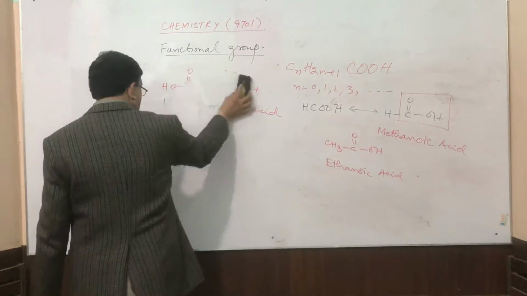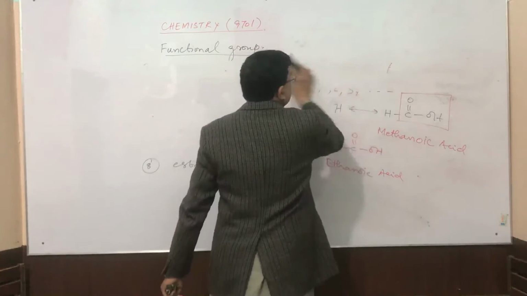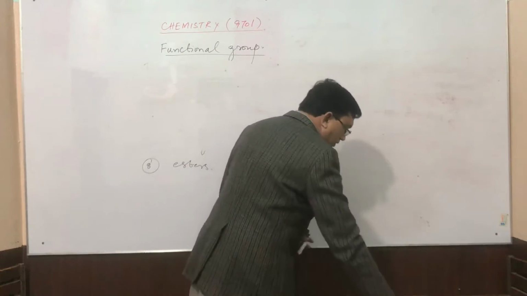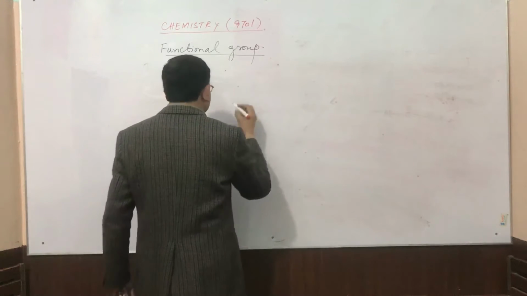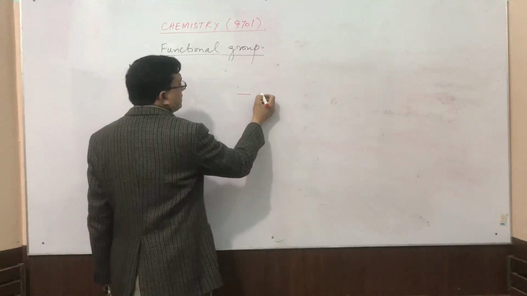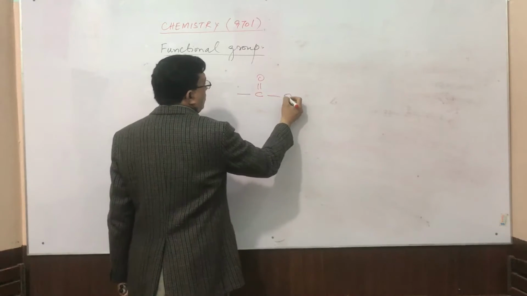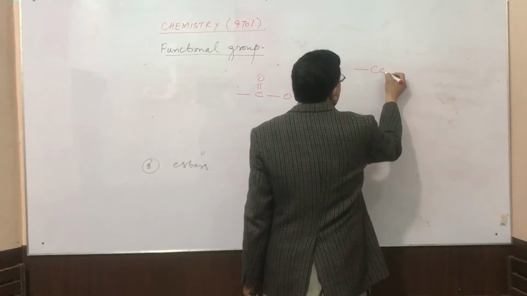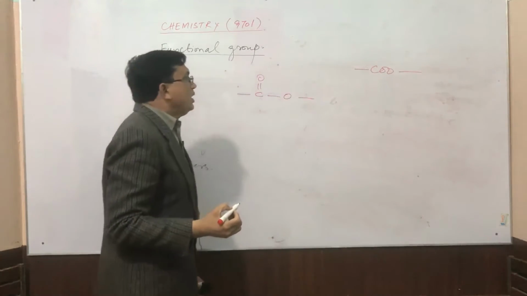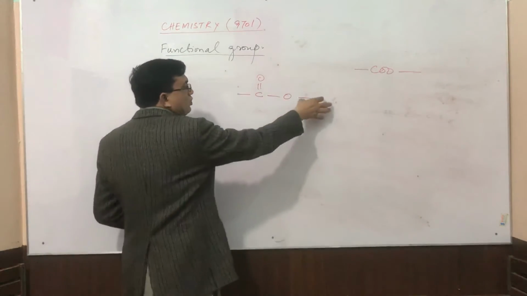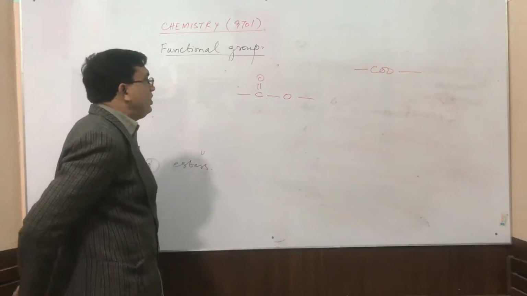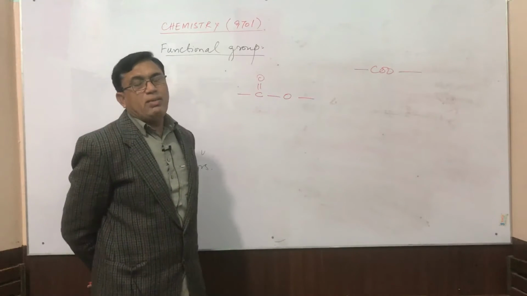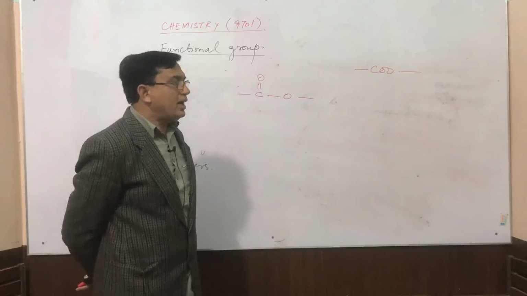Now the next functional group is esters. What is the functional group? The functional group for this ester is represented as C double bond O and O. And briefly, this is represented as COO and then a line. It means that, as we have on the left, the 2 positions vacant, now the vacant positions will be occupied only by carbon atoms, not by any other atom.